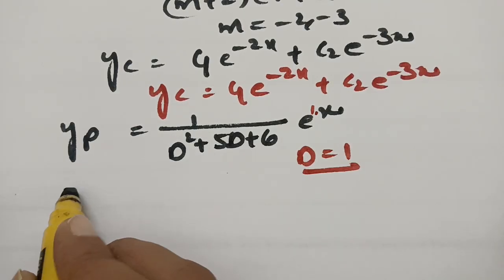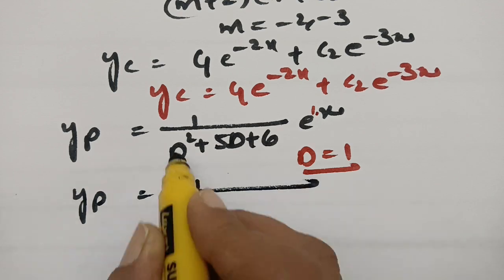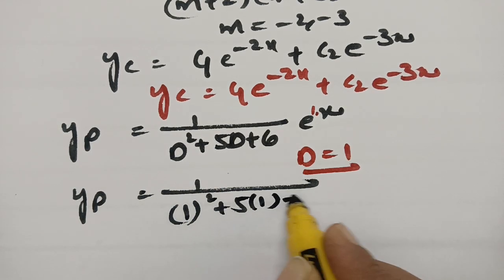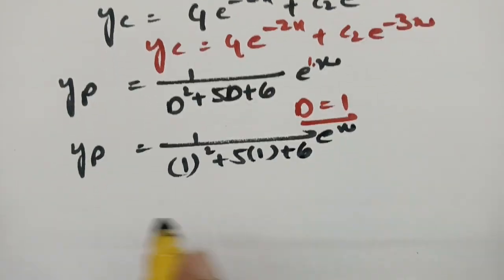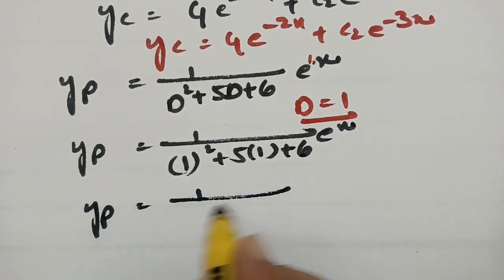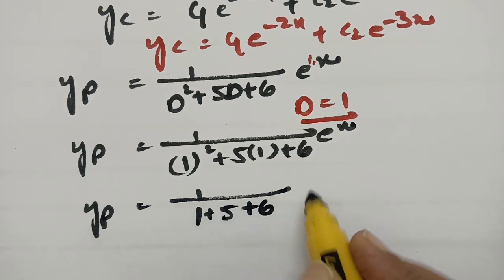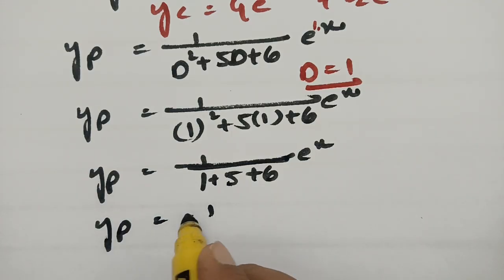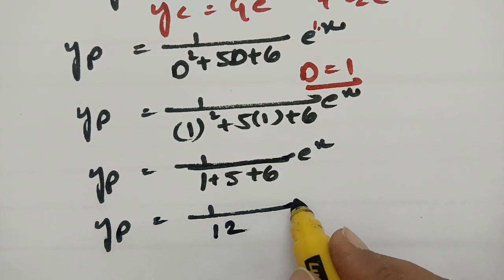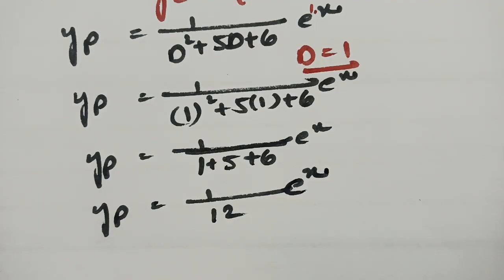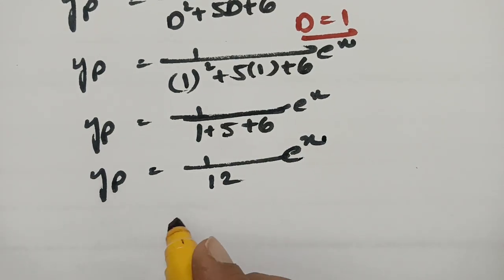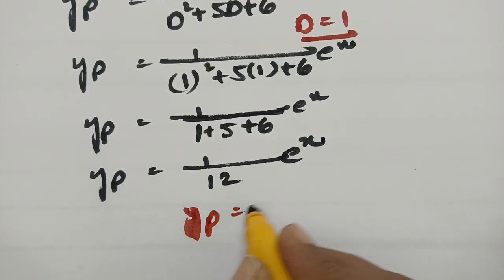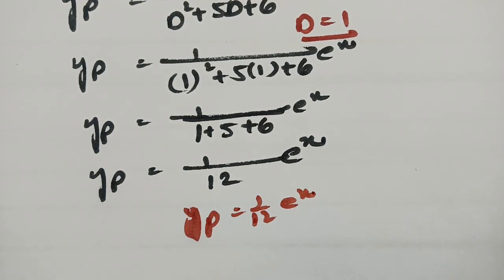In place of d if I keep 1 here, this will be 1 square plus 5 into 1 plus 6 into e power x. So this is 1 plus 5 plus 6, that is 12, into e power x. So yp is equal to 1 by 12 into e power x.